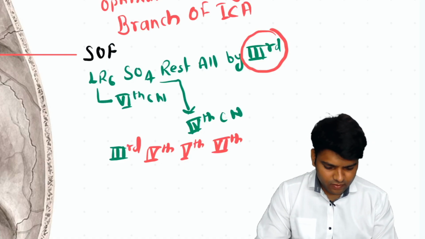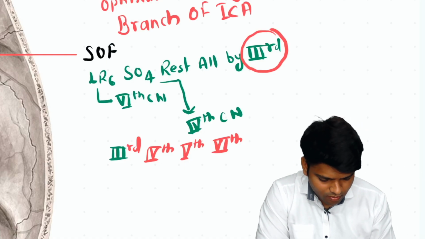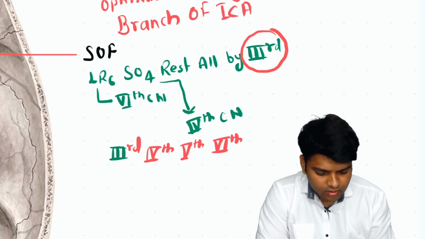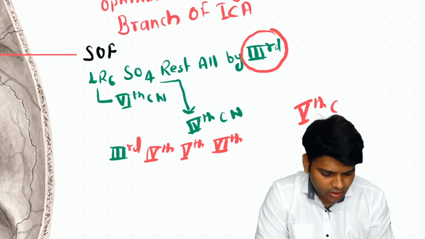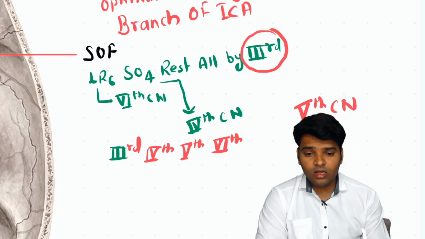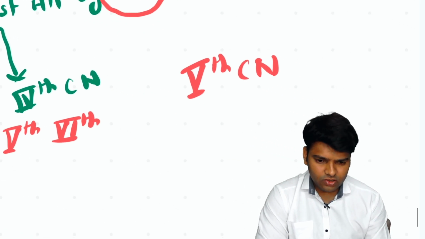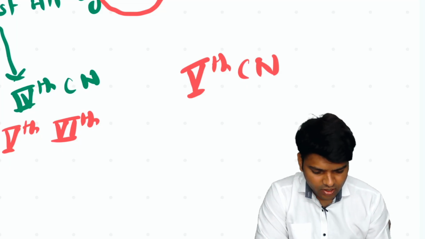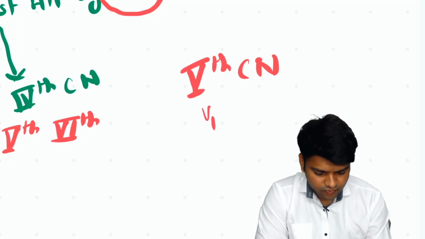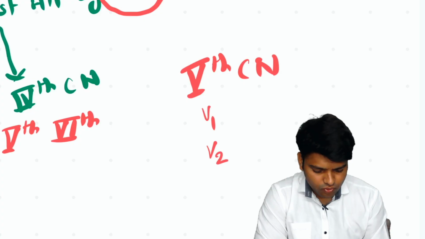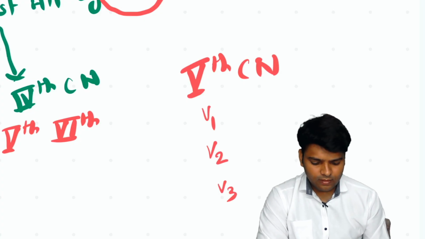I want to write here for better understanding. The fifth cranial nerve gives three branches: V1, V2, V3.